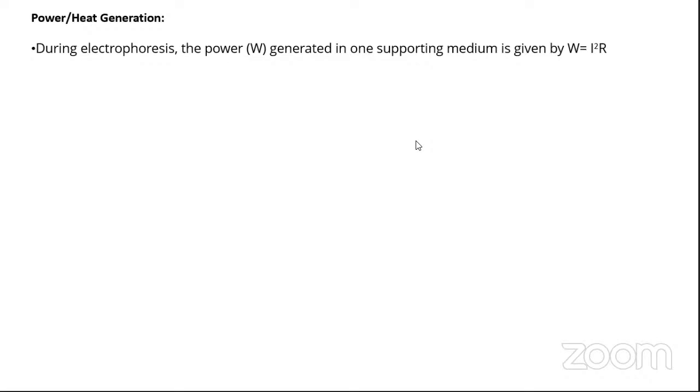Yes, because there will be more power generation, right? With change in temperature, the power will be dissipated in the form of heat. I'm correlating this with the previously developed concept of voltage.